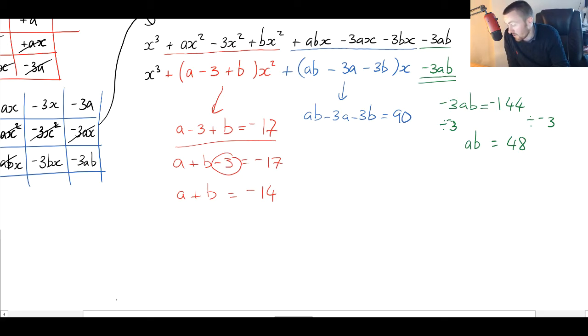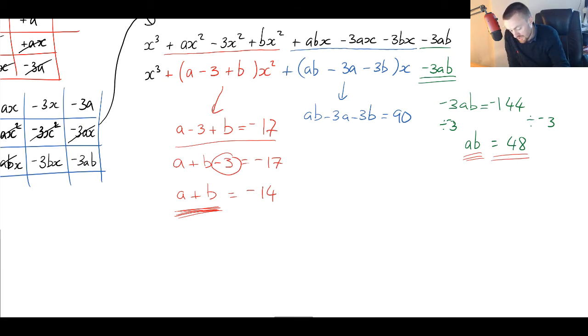Now, I will go through how to solve this using quadratics in the next video on question 3. However, for the time being, you know that a and b here add together to give you negative 14, and you know that a and b over here multiply together to give you 48.